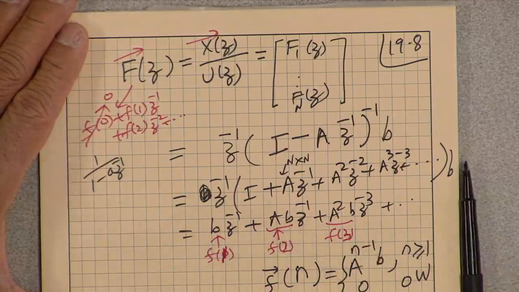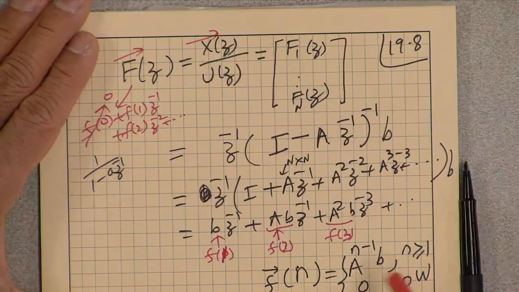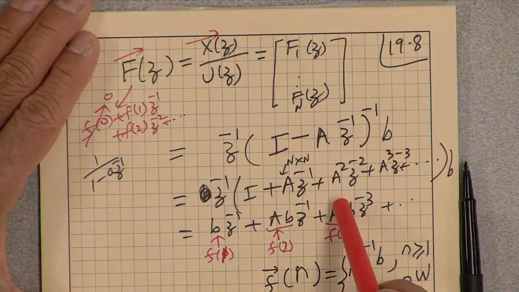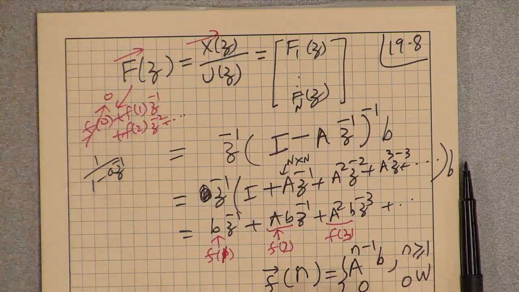So f3 you can say is A squared b. So that is the vector f n.